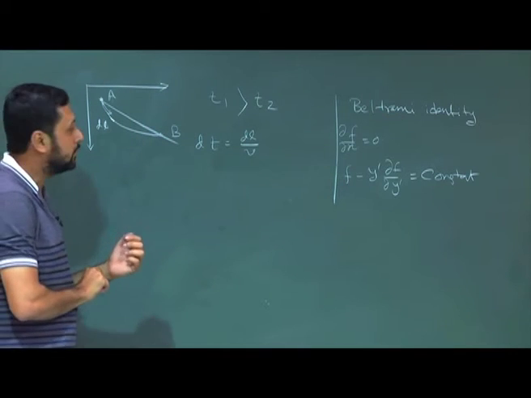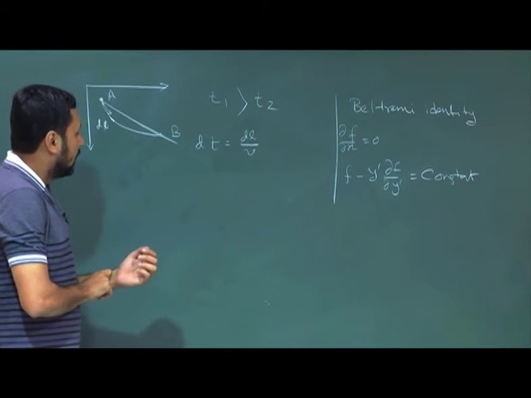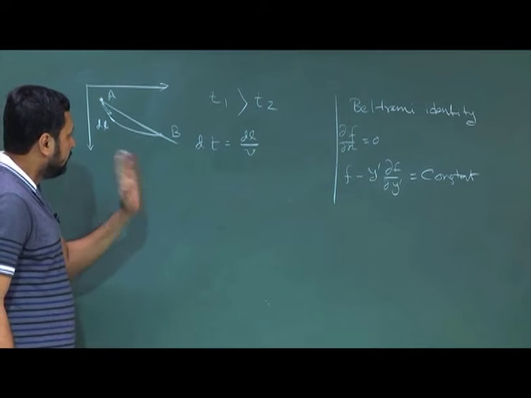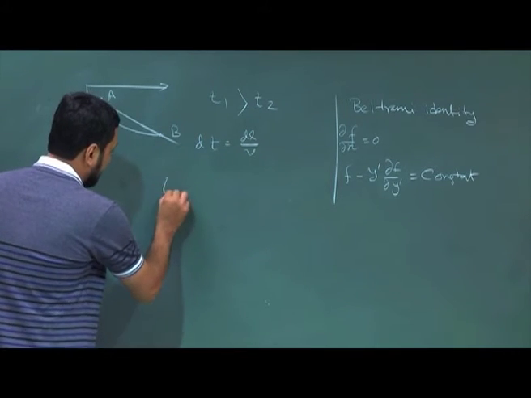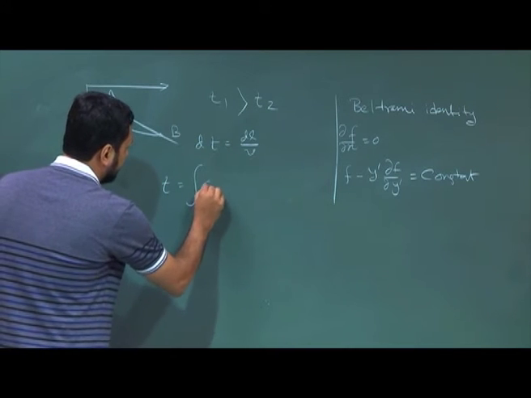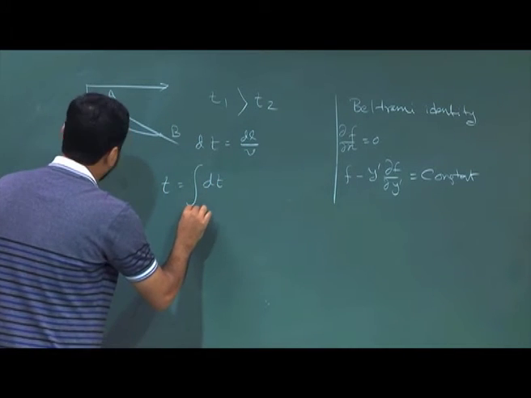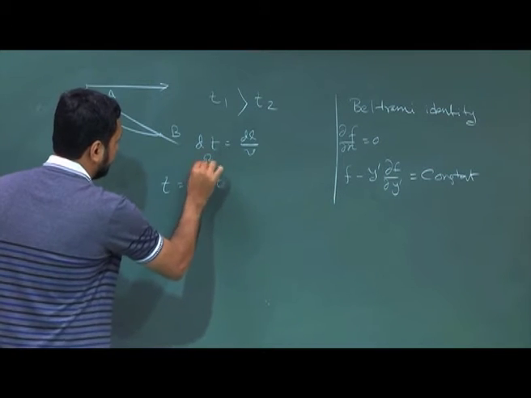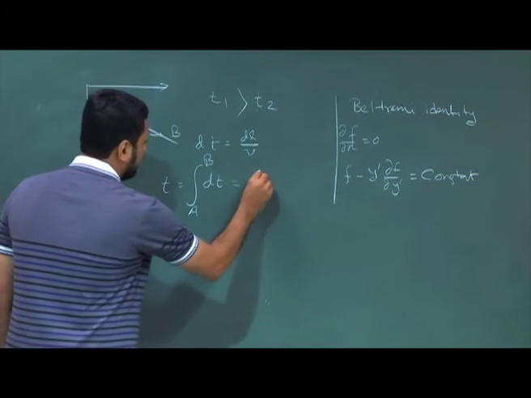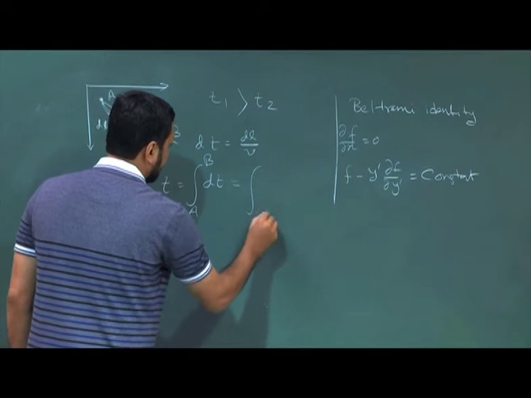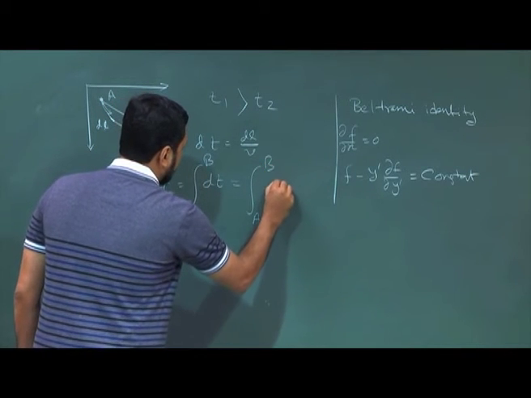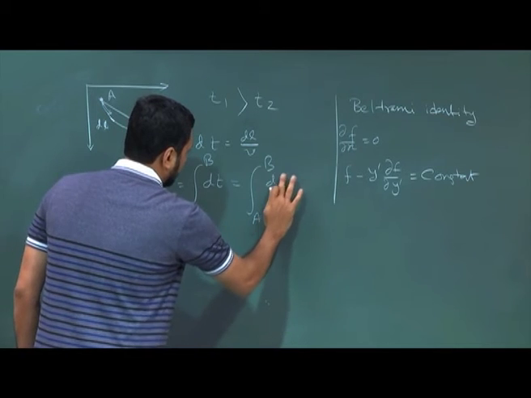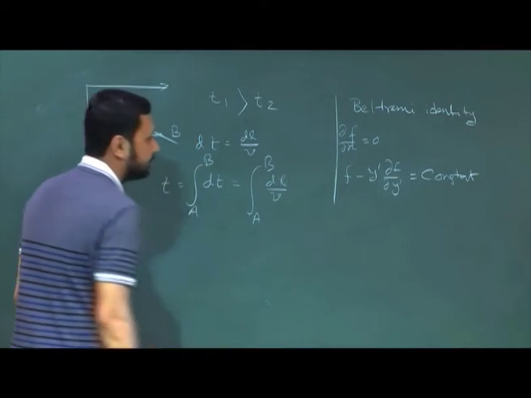Length by velocity is your time. So, if we have to optimize, the total time taken t is nothing but the integration of dt between point A and point B, which can be translated to the integral of dl by v.